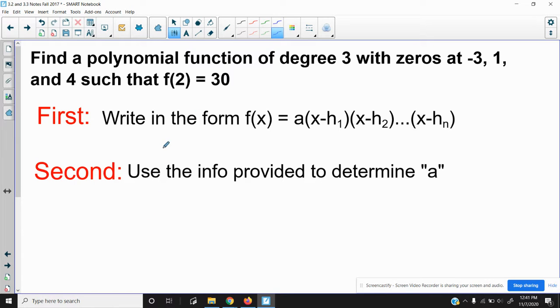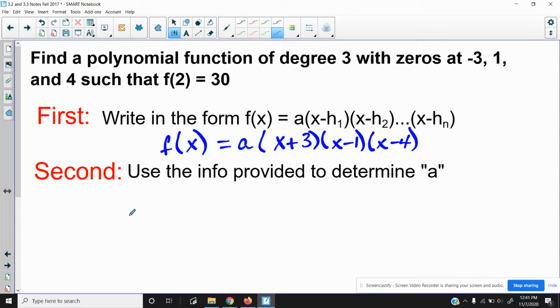So we're going to do what we did before. We're going to start off by writing our function in the form f of x equals a times x minus a negative 3, x minus 1, and x minus 4. Now we have to use this other information to determine what a is.